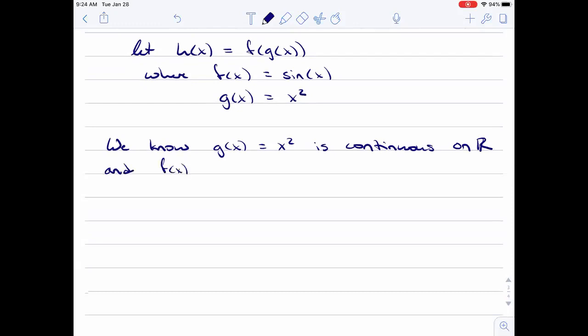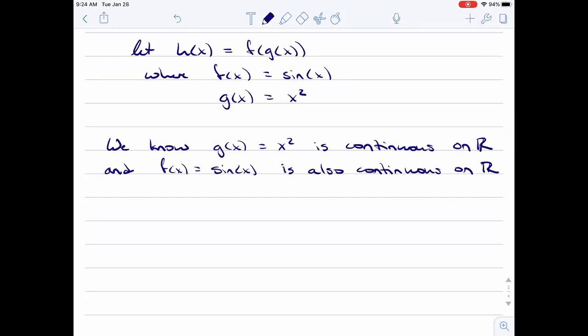And f of x equals sine x is also continuous on the set of real numbers. If there had been a restriction, right, then the composition of the two would just be continuous on the overlapping part.